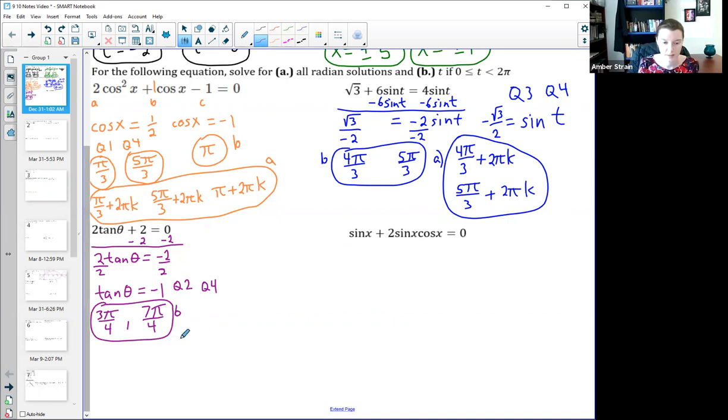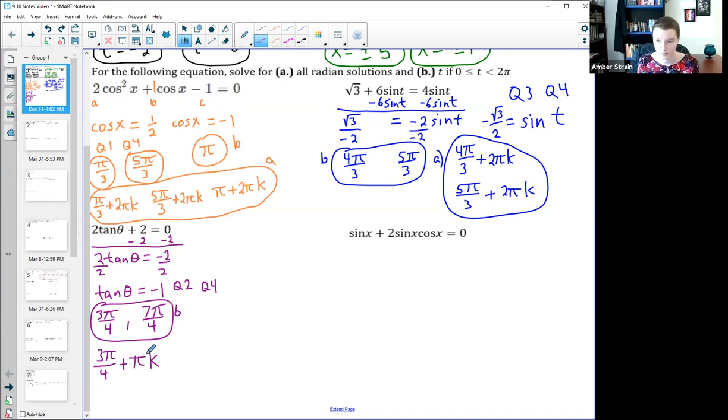And right here in part A, be careful. It's just a little tiny bit sneaky. So like we said, normally we would just tack on the 2 pi k because the period of sine and cosine is 2 pi. But watch this. If I tack on the period of tangent, which is just pi k, then really this is all I need, because think about it.